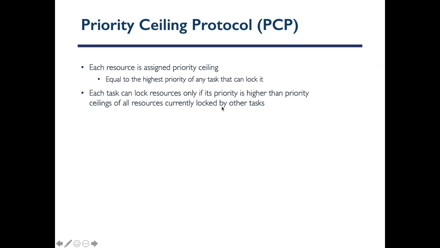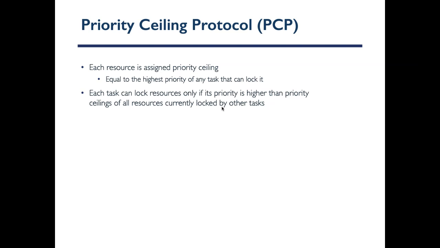by other tasks. So if, let's say, I want to lock resource R1, and there are other resources in the system, let's say resource R2 is locked already by another task, and I don't actually need R2 at this point. I just want R1.